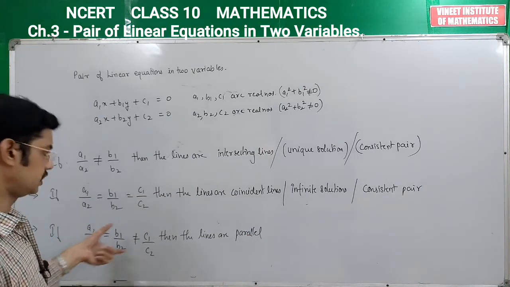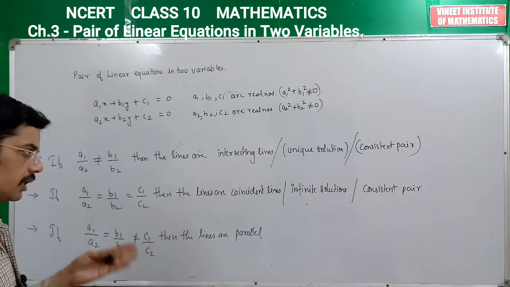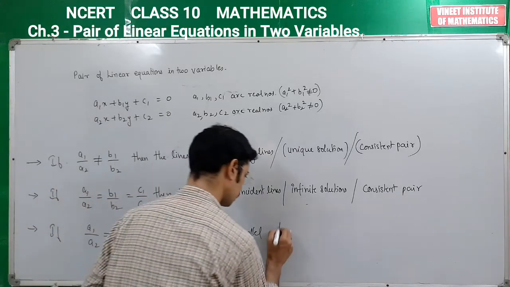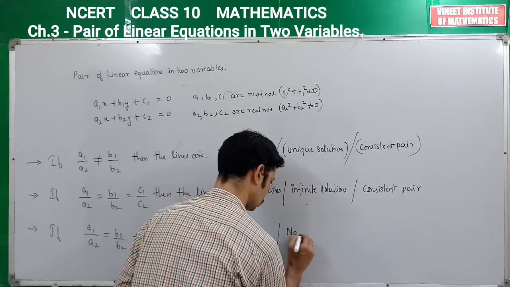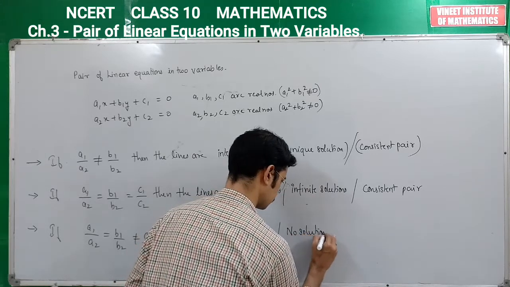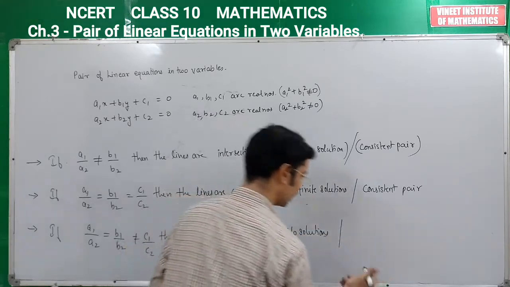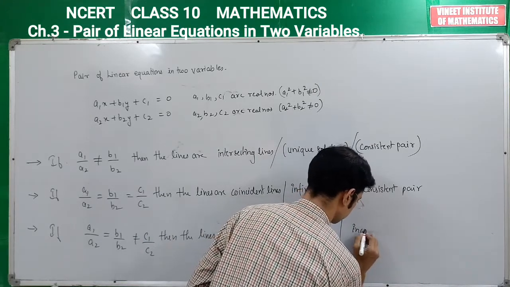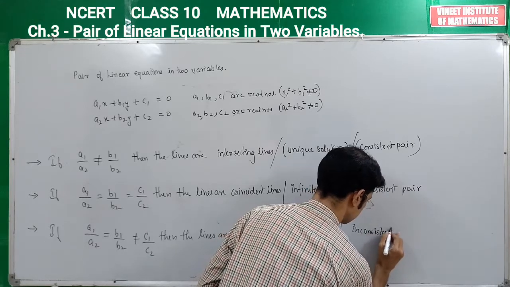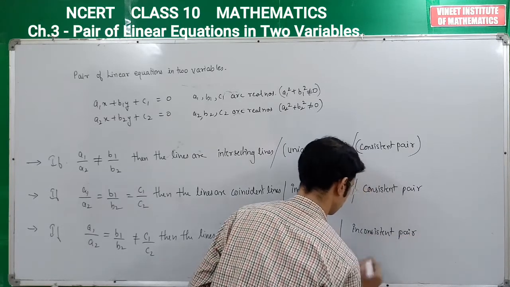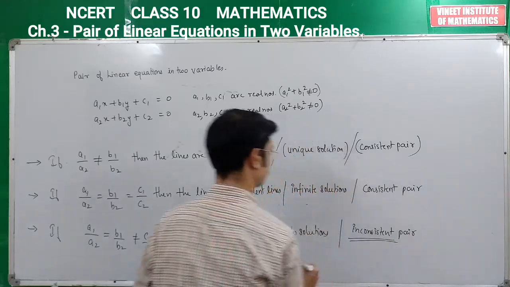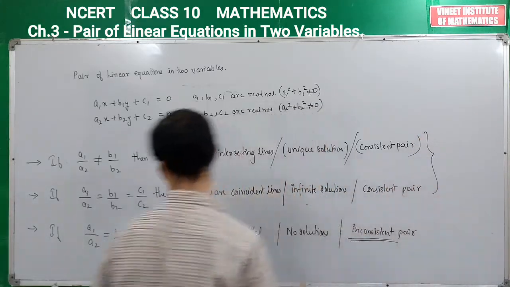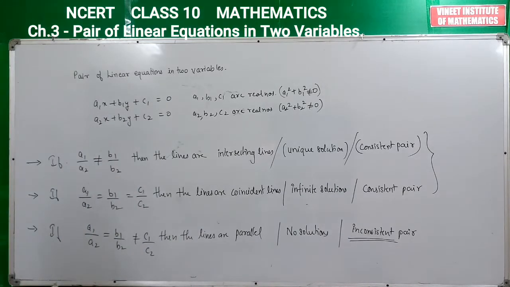In this case, since they do not agree at any point, they do not have any solutions, or we say that they are an inconsistent pair. These two are consistent pairs. What happens if a1 by a2 is not equal to b1 by b2? The lines are intersecting lines.